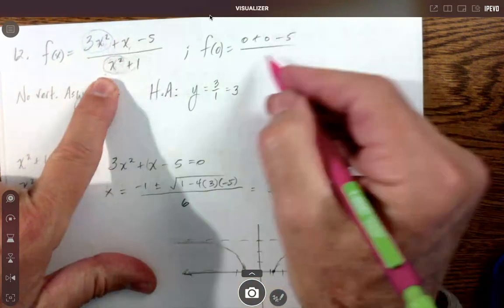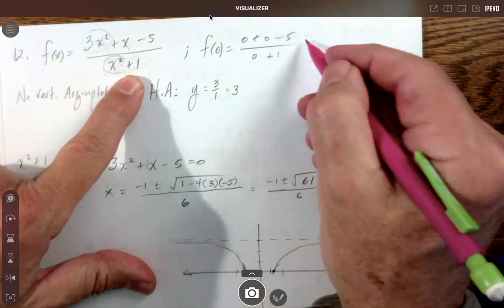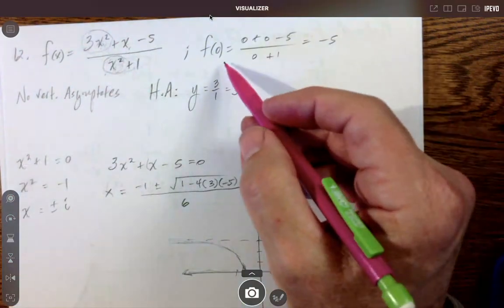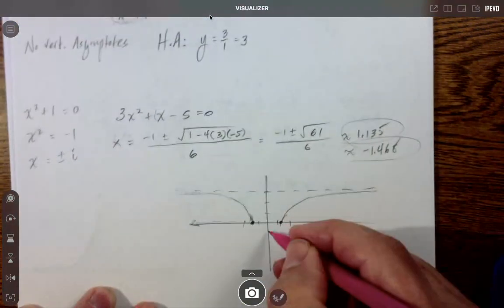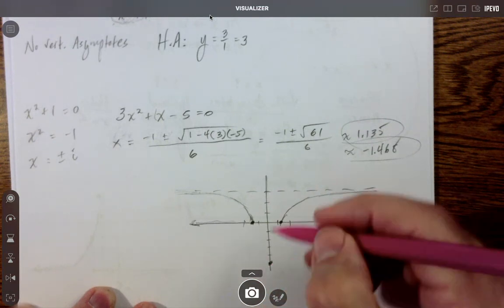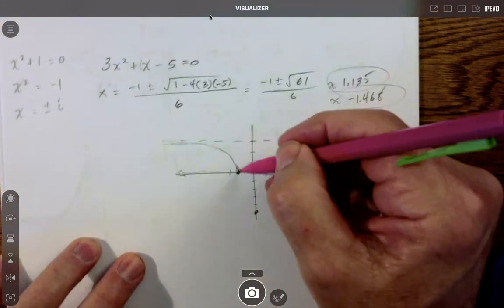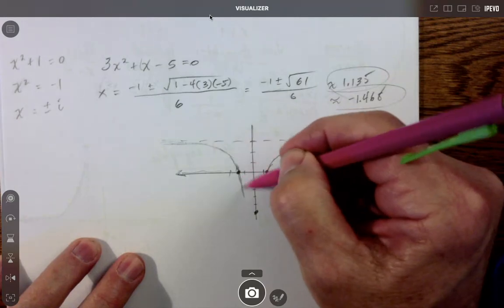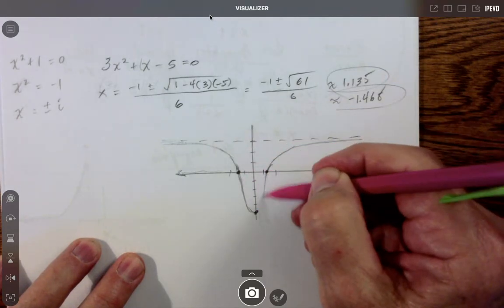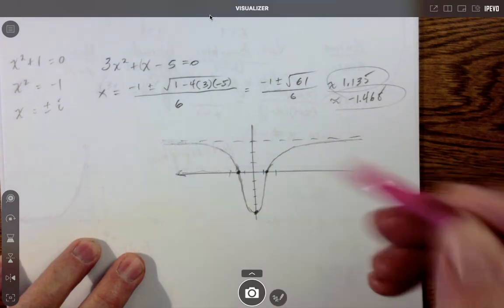That would be 0, that would be 1. So you end up with negative 5 over 1, which is negative 5. So that means the y-intercept is negative 5. So it's going to go down to 1, 2, 3, 4, 5. My best guess is it's going to do some kind of well. I could be wrong. It's going to look like that.